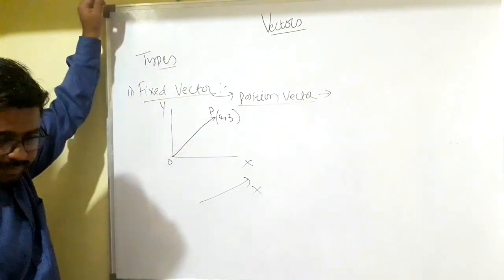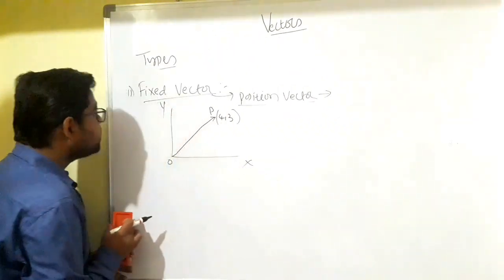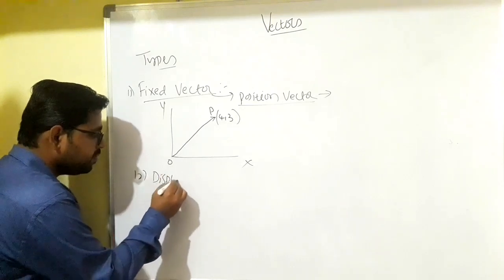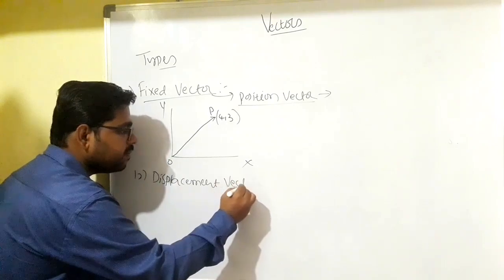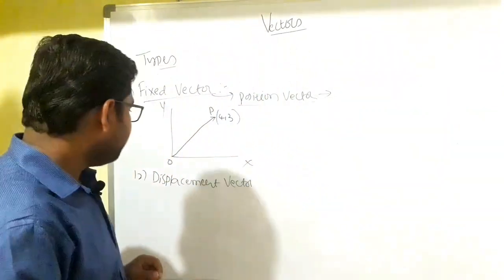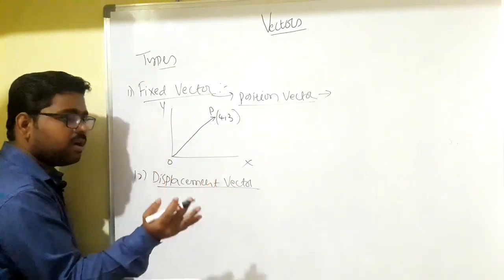Next, another one is the displacement vector. What is a displacement vector? The word itself says displacement of a body or a particle.